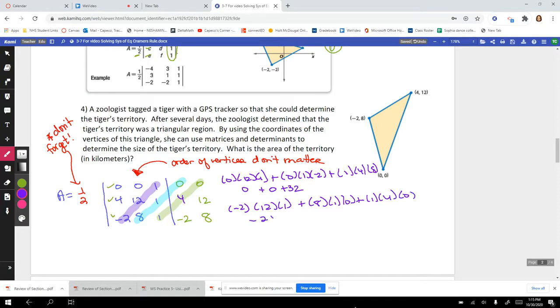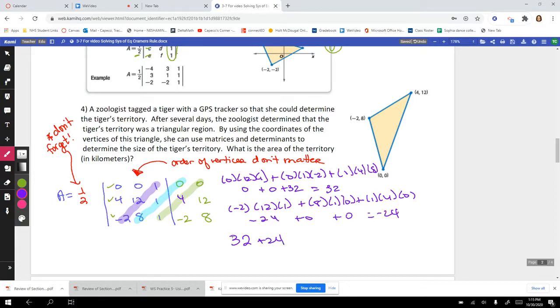So this gives me -24 plus 0 plus 0. So my first diagonal was 32, and I'm going to subtract the -24, so I'm going to add 24.